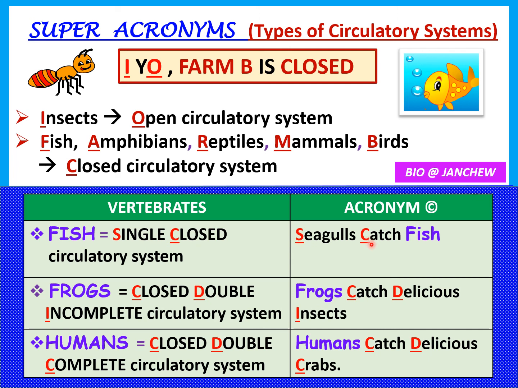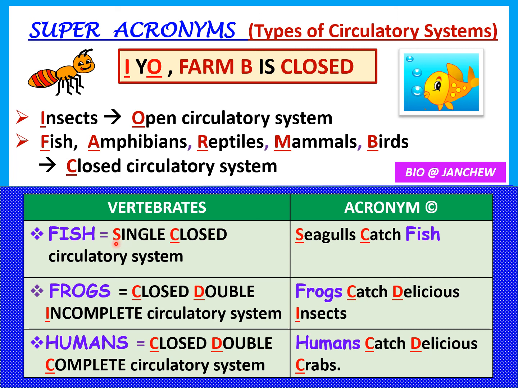Catch. So C here for closed. Fish. Okay. So seagulls, of course, eat fish, and they can swoop down from above the sea, from the sky, and they can catch the fish from the sea. So seagulls catch fish. That means fish has single closed circulatory system.